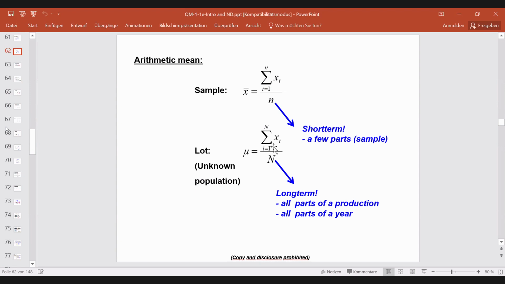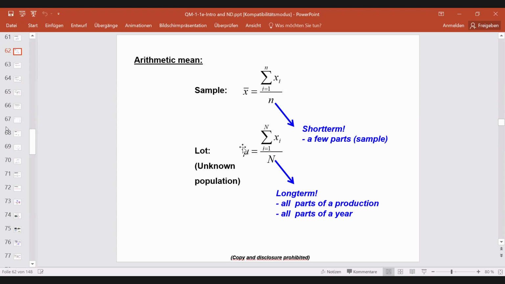So you take all the measurements and divide by the number of parts in the population. Very large number here. So mu is the mean of the population.